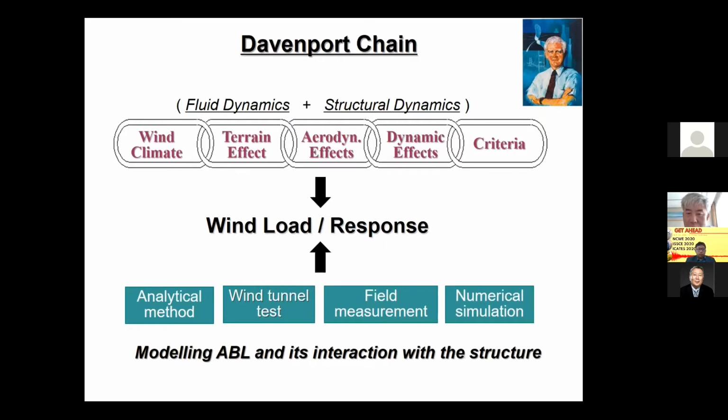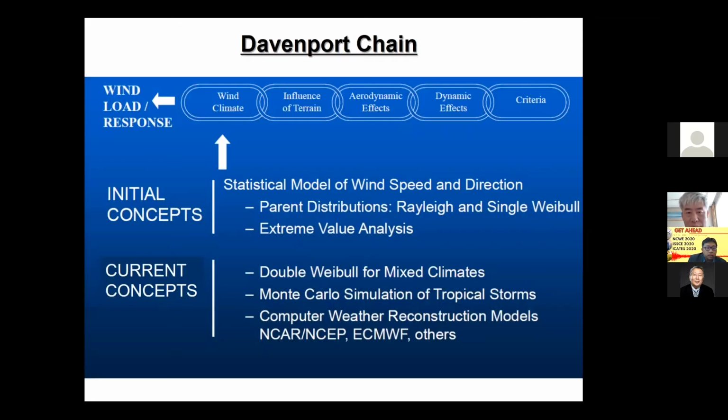If we get some raw data from the wind tunnel test, we can do some analysis of the raw load and also some further analysis for the design purpose. But anyway, at the first stage, we have to do wind tunnel test and numerical simulations.